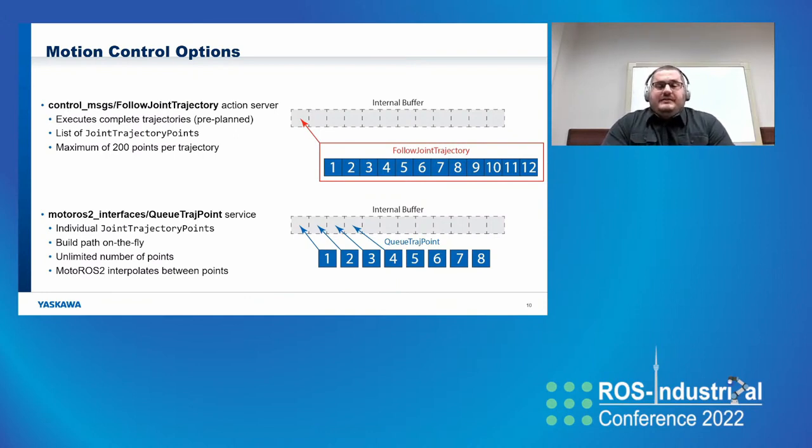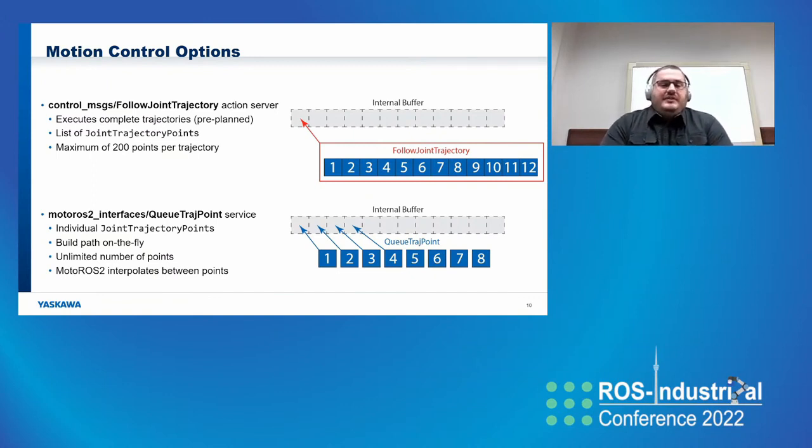That's good if you have a predefined action and destination, maybe palletizing or picking up parts out of a bin, where each pick could be a pre-planned trajectory.